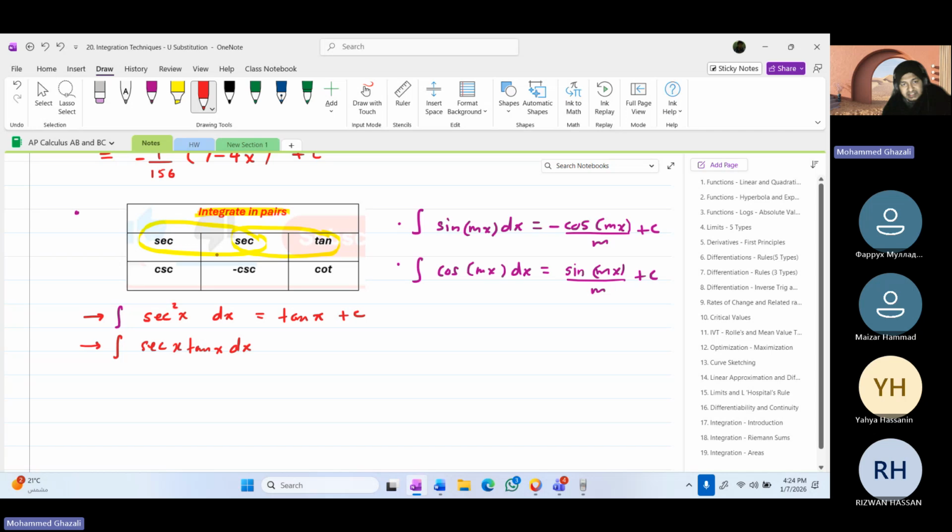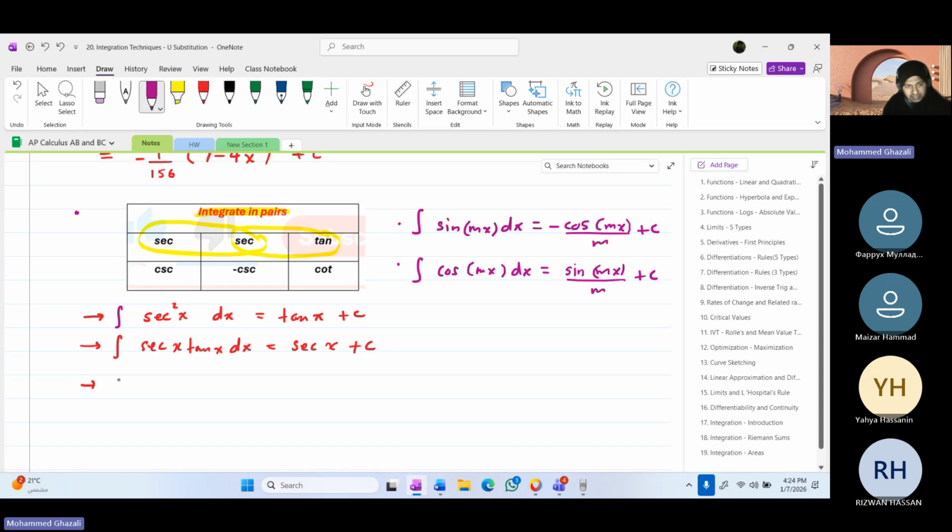So make sure you always remember this table. What's the integral of sec tan? Sec tan is a pair, so it is just sec x plus c. So if I ask you what's the derivative of sec, it's the other two. So obviously if you integrate, which is called the antiderivative. Right, so next one, what is the integral of cosec cosec? Remember, I'm leaving out the negative, so I need to add the negative at the end.